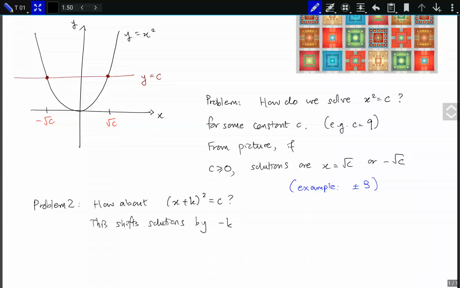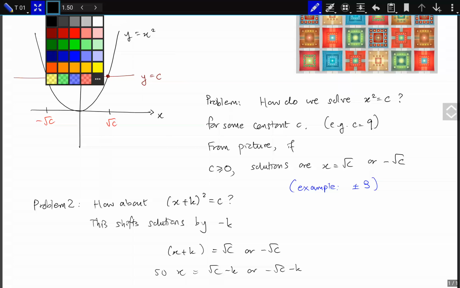So we can see that here, if previously we had x as plus or minus root c, we get here that x plus k is equal to plus or minus root c. That is, to be more precise, the solution is either root c or minus root c. So x is equal to root c minus k or minus root c minus k.